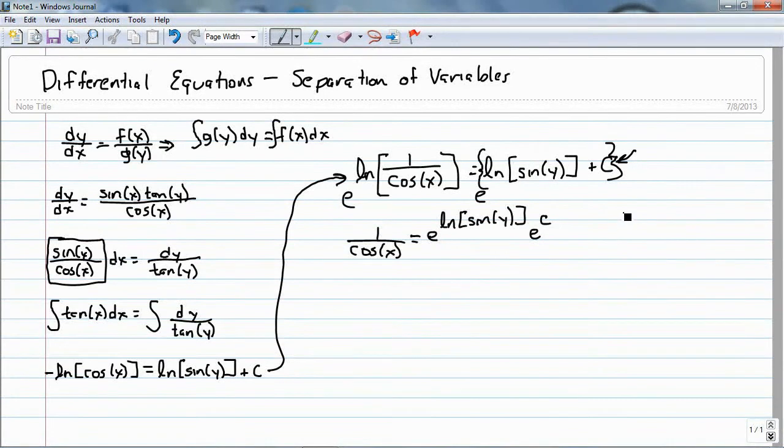And that's because, remember, a to the x times a to the y is equal to a to the x plus y. So I'm just going from this right-hand side to the left-hand side. And now I can simplify this down, getting rid of the e and the natural log combination here.